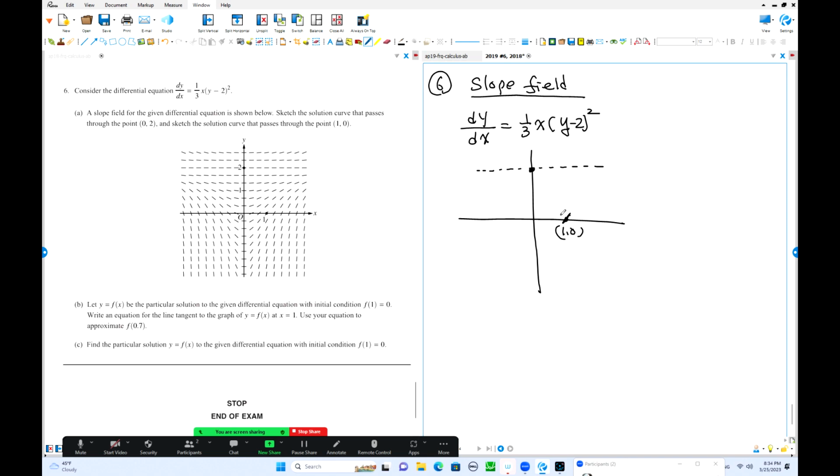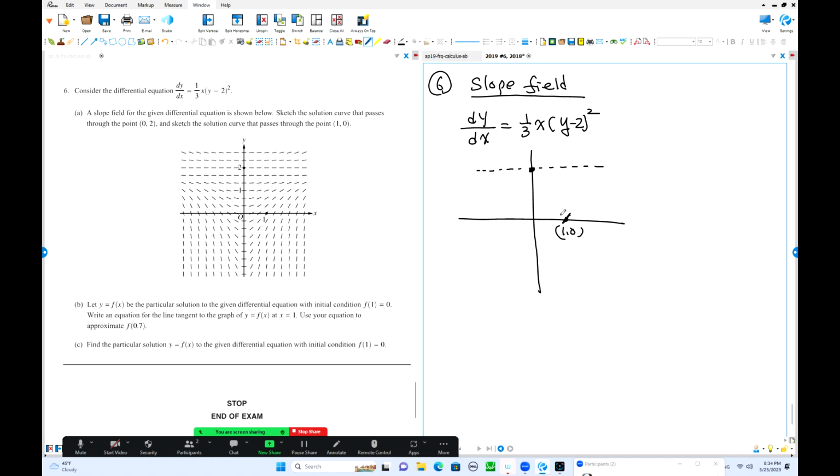So how to graph this one? Okay, the slope is 0, that is 0, 0. They are 0. X, y equal 2, they are all 0.